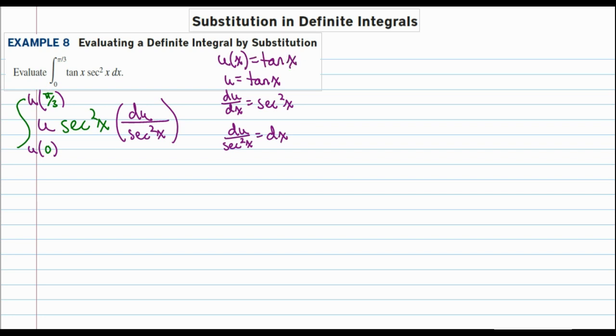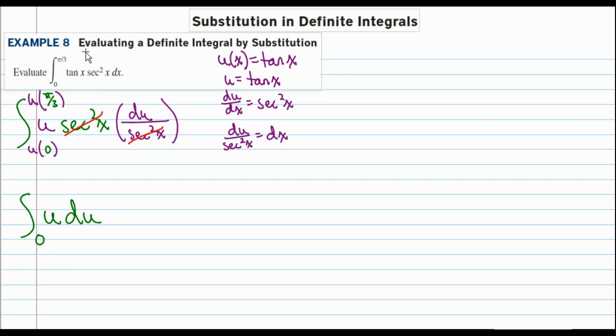All right. Next, my secant squareds cancel out, so I have the antiderivative of u du. Let's look at that lower limit again. It's u of 0. The u function that we're calling tangent of x needs to get evaluated at 0, and u of 0 is still 0.